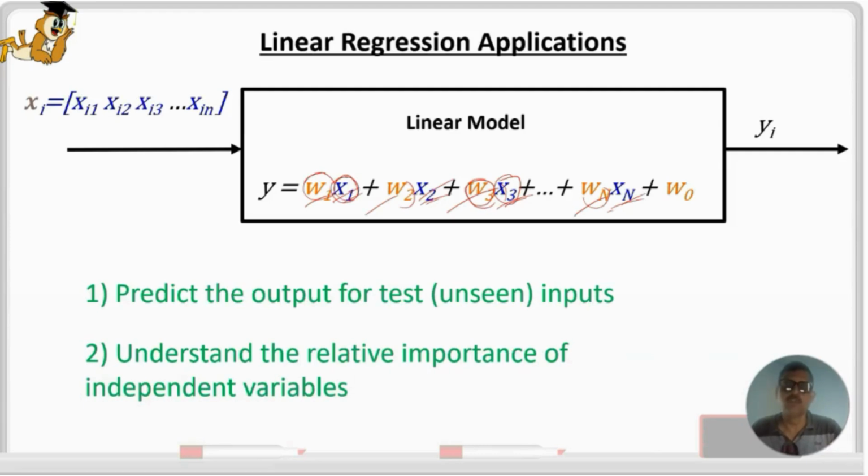That's what I meant. So if item number 2 is your goal, if you want to understand the relative importance of the independent variables, make sure that you choose units of X1, X2, X3 and so on such that the numerical quantities in your training data have a similar dynamic range, around the same order of magnitude.